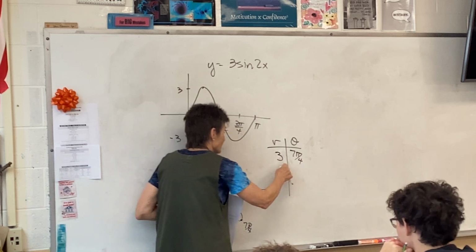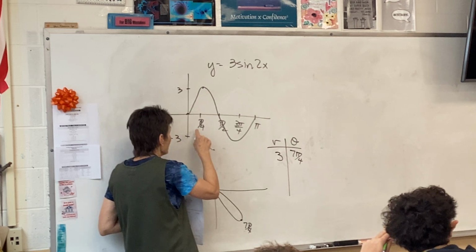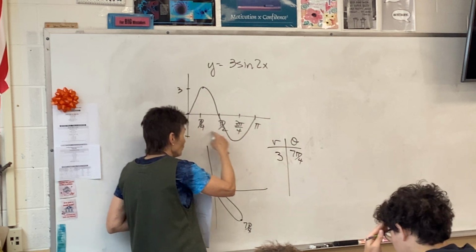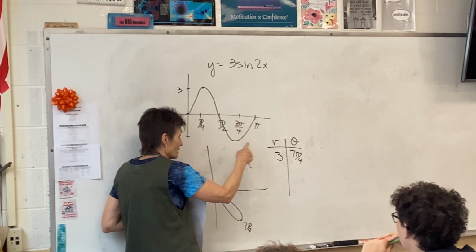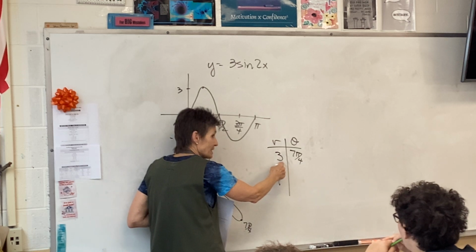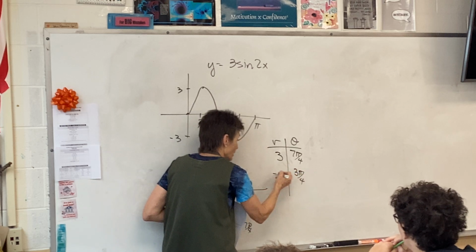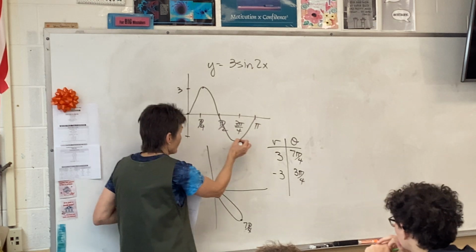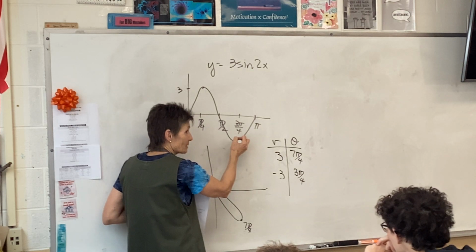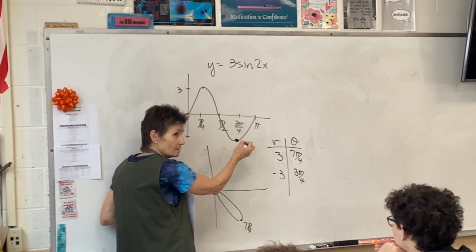That point needs to be moved up into this period. So wouldn't that be the same as the point 3 pi over 4, negative 3? Look, kids, see this point right here? 3 pi over 4 is negative 3.